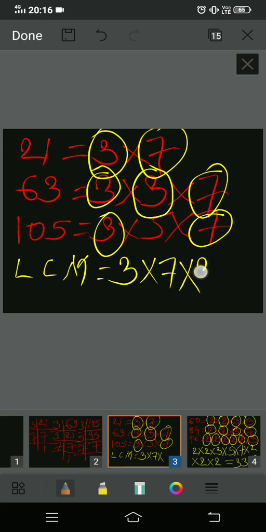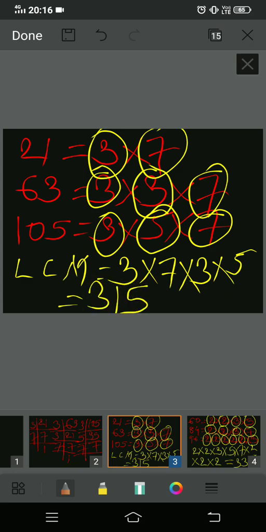You will write here into 3, and what is the number left over here? This is 5. You'll write here 5. So last step is 3 multiply by 7, multiply by 3, multiply by 5. You'll get the answer 315. Okay children, so that is it for question number C.